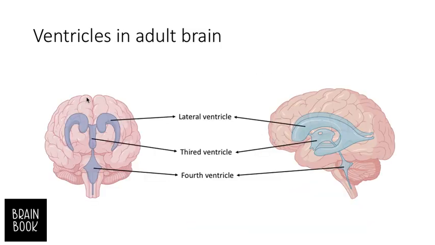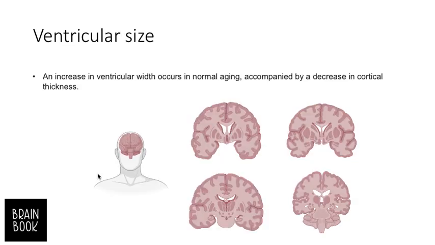Among the ventricles, the fourth ventricle is the biggest one. And we have four ventricles, but you know that the first and the second ventricles are lateral ventricles. The first, second, third, and the fourth ventricle.